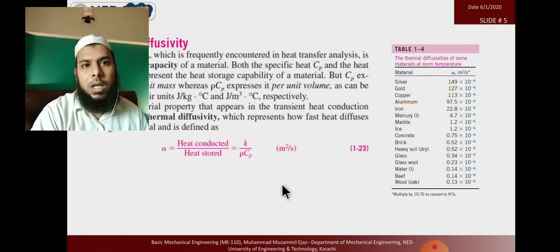The non-conductors like wood and beef store heat energy, so the alpha value will be lower and less heat is conducted. Oppositely, silver, gold, and copper have the opposite property: they conduct more heat and store less, so the alpha value of these metals is greater.